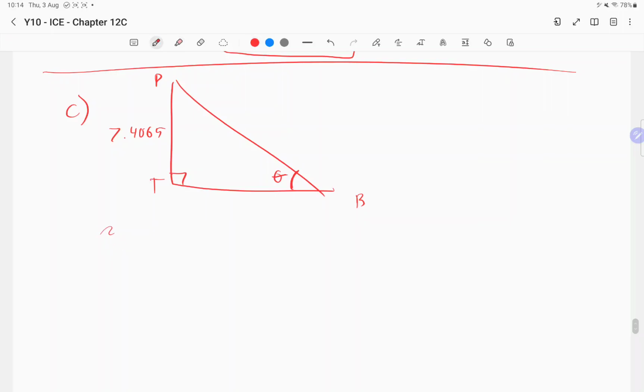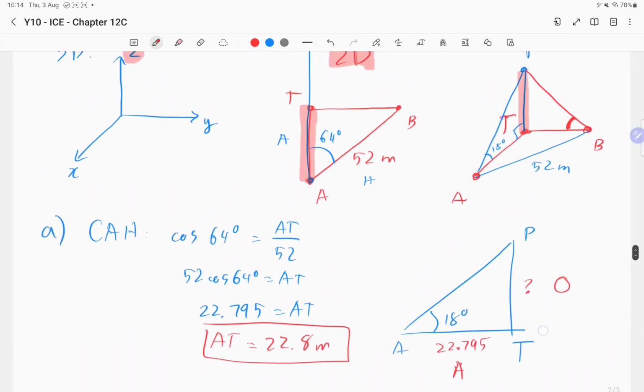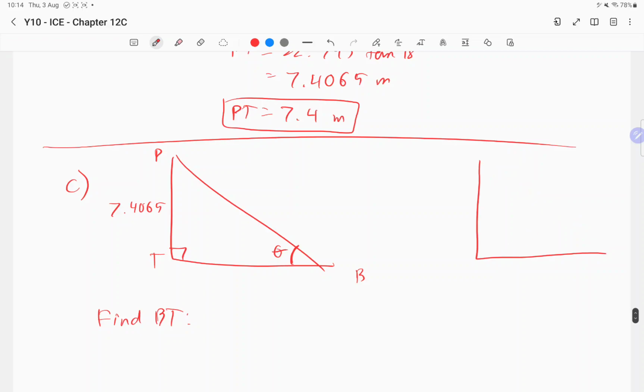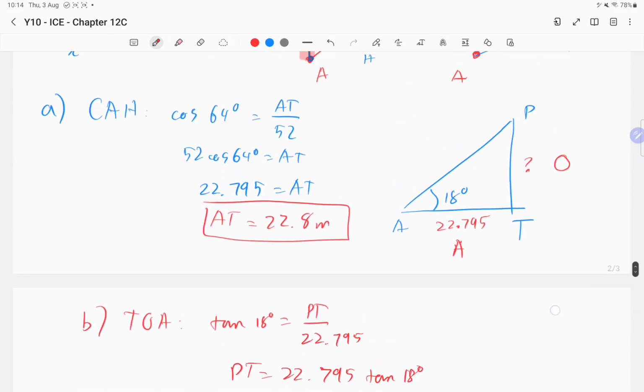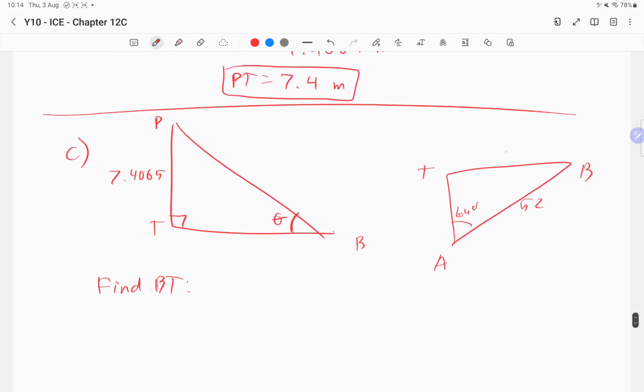Okay, I'll redraw that triangle to make things a little bit easier. So that triangle was ATB. Whoops, my bad. It will be A, T and B. ATB. Okay, 64 degrees, 52. So this is 64 degrees. This is 52. So that's opposite, that's hypotenuse.